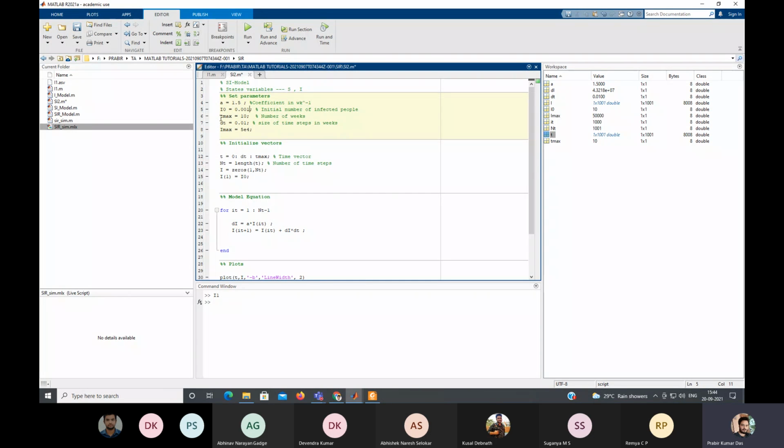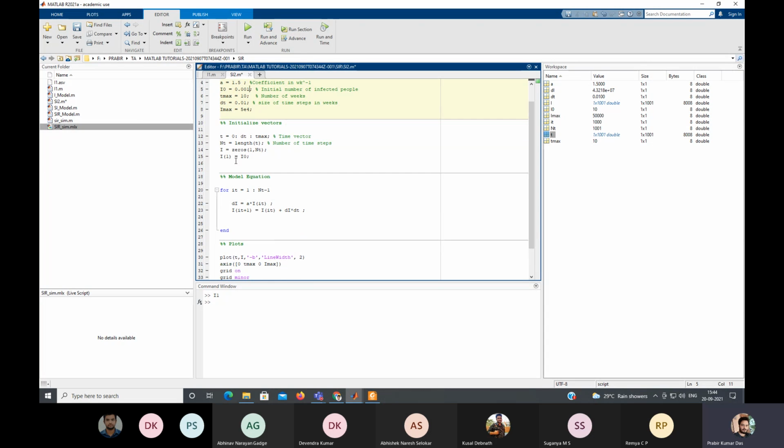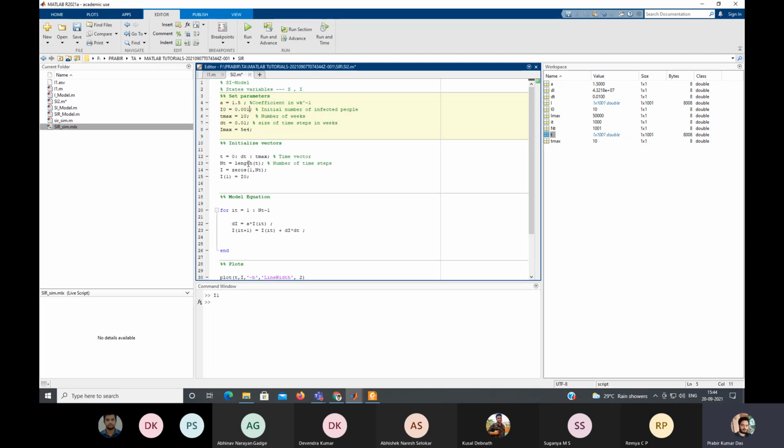So this is our time axis, 10 weeks. This is our dt. Okay. These will be our parameters and we initialize our vectors. T vector will be as it is. NT is the length of our vector, so number of time points.